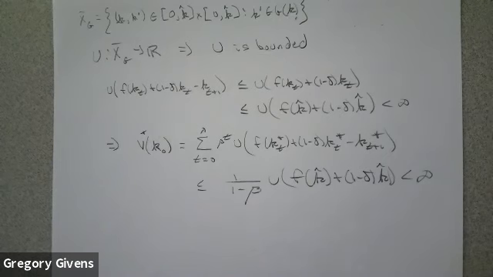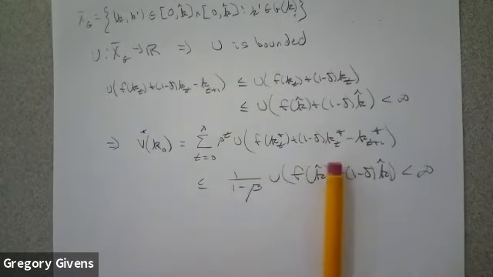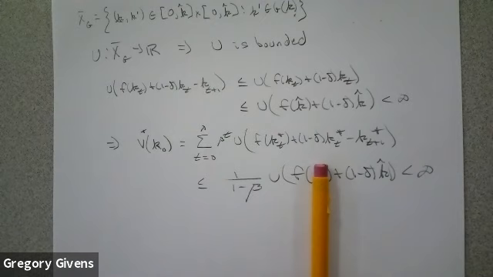It is going to result in a value of the lifetime objective function that is finite. Therefore, the Bellman equation and the sequence problem are equivalent. Solutions to one correspond to solutions to the other. Okay? Y'all have any questions so far?